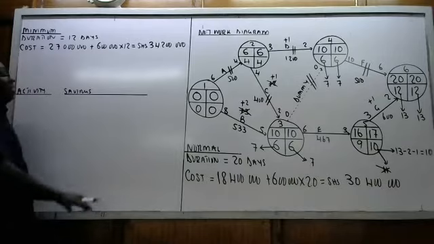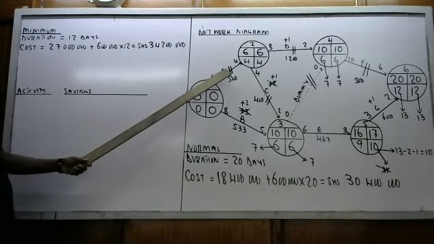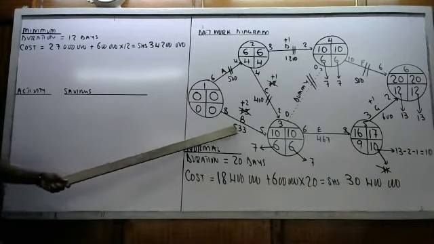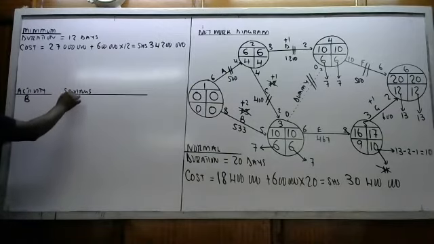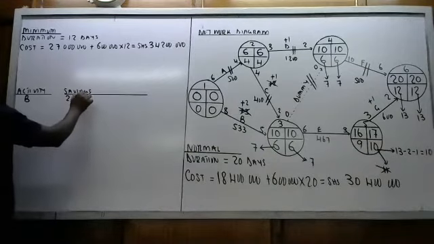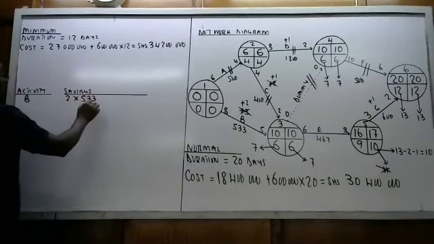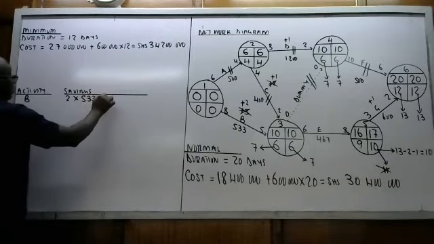So with that now, we come and do the savings. So A, we have not added anything, but B, we have added 2 days. B, 2, each with 5 and 3. Let's put it in full.